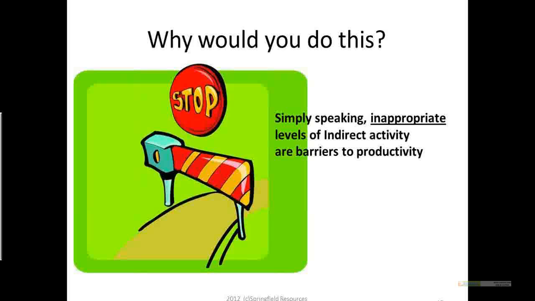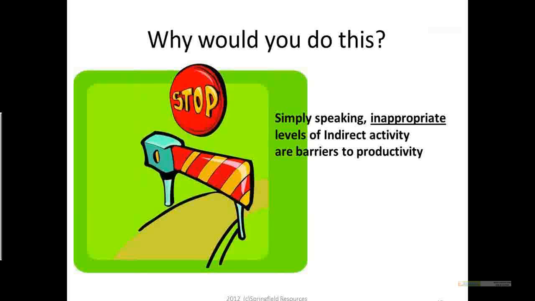Now, the logical question you could ask is, why would you do this? Why would you go through this? And the answer is, simply, inappropriate levels of indirect activity are barriers to productivity. Now, I say inappropriate. What I mean is that there are levels of indirect activity you want them to do.